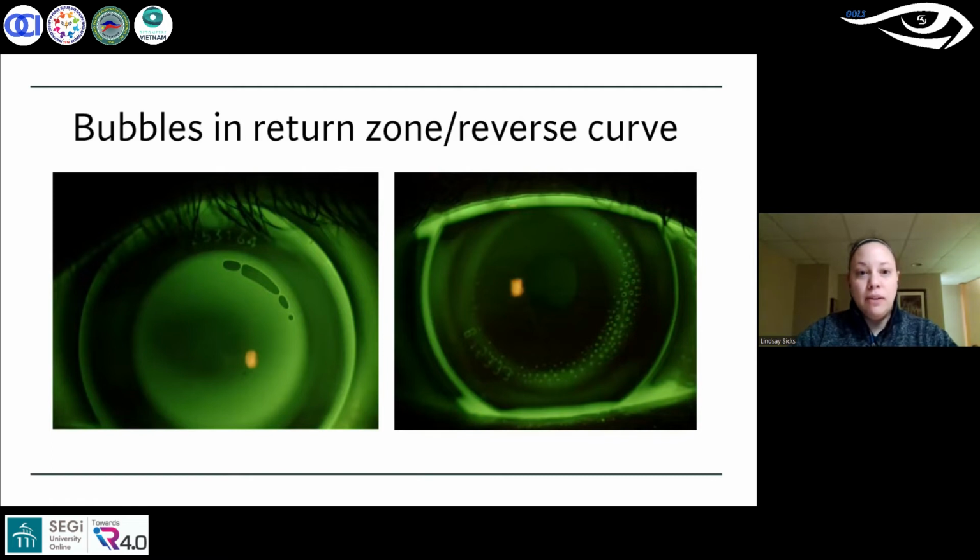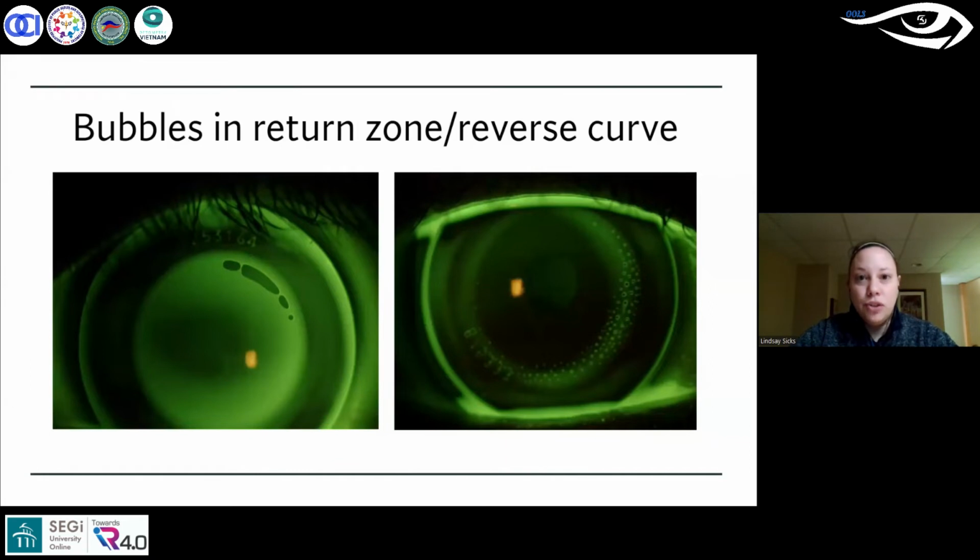And the other thing to think about again is how much they take up. So if they take up a quarter of the entire 360, about 90 degrees or less, that's probably okay to dispense and see what happens. If it's taking up 3/4 of that return zone, that could be a problem.